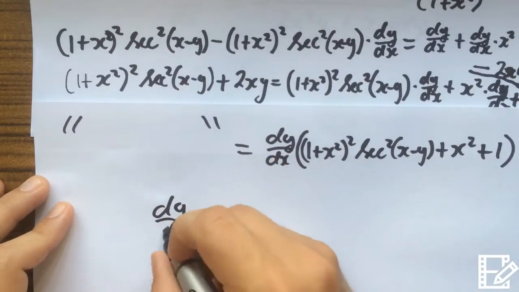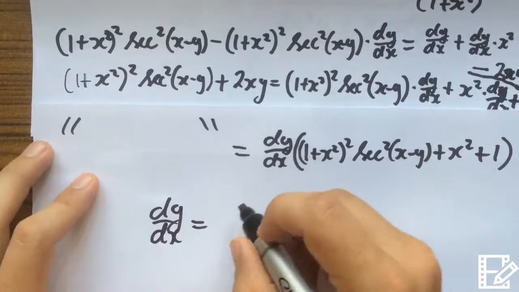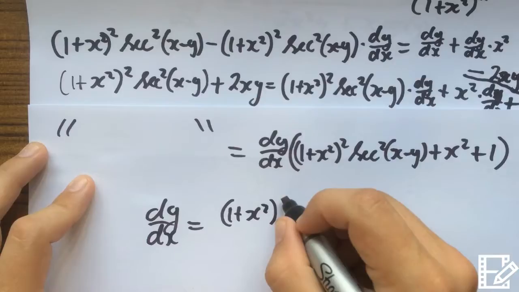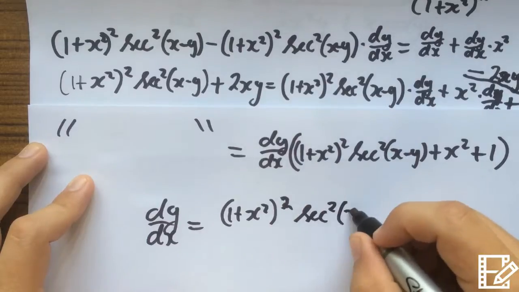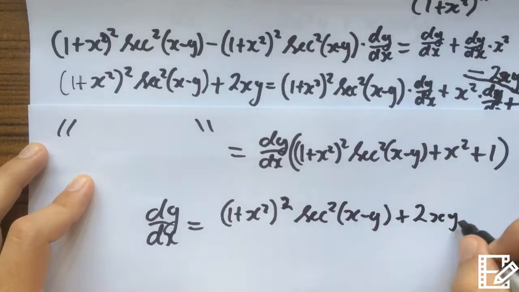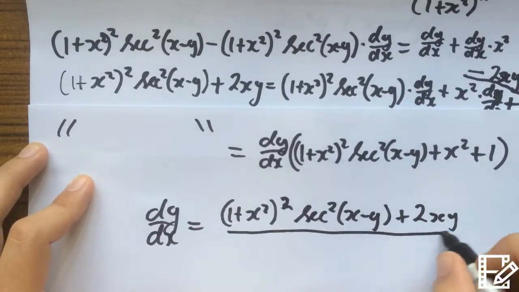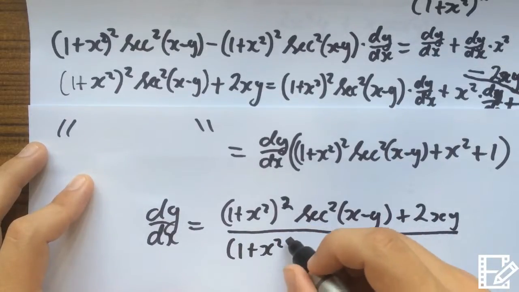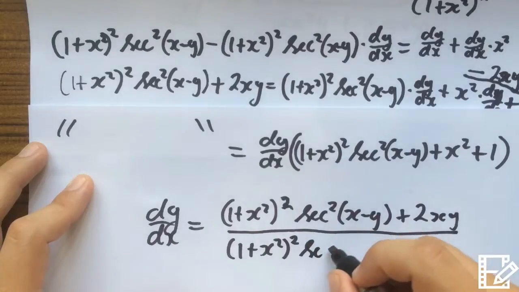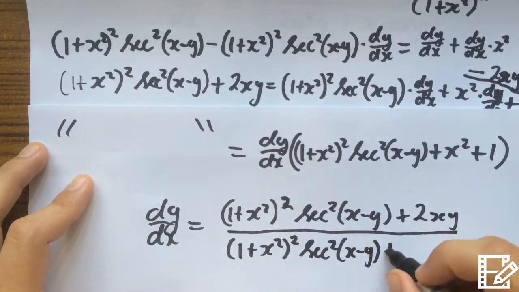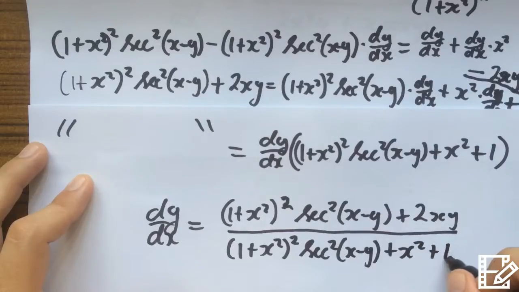Therefore, dy dx equals (1 plus x squared) squared sec squared x minus 1, plus 2xy, all over (1 plus x squared) squared sec squared x minus y, plus x squared, plus 1.